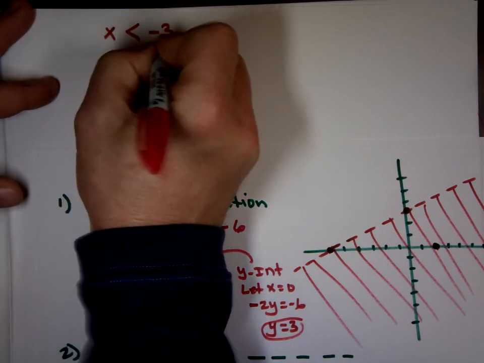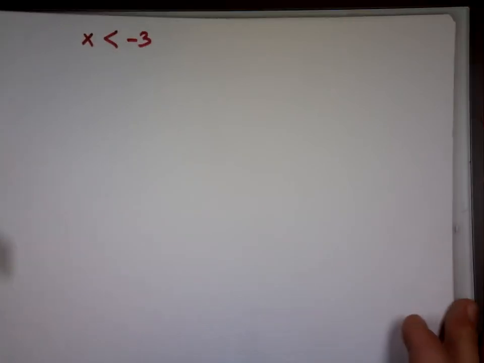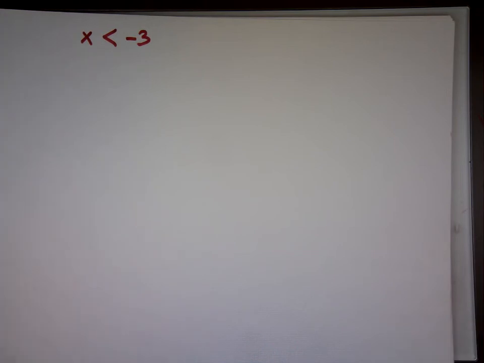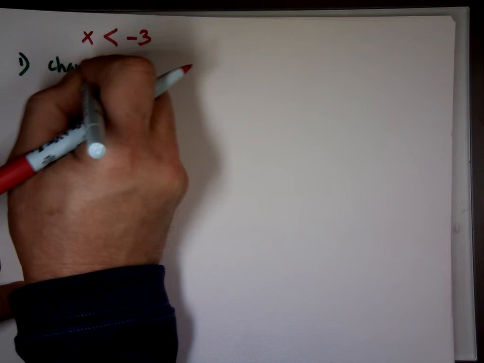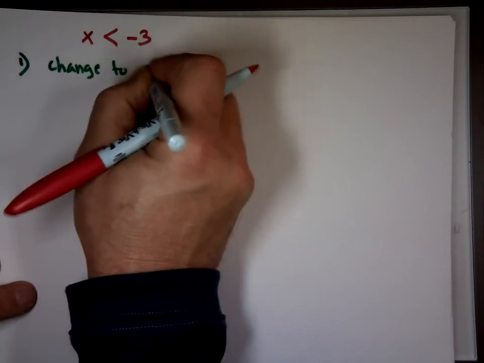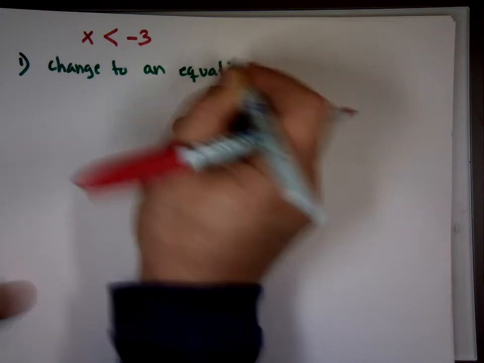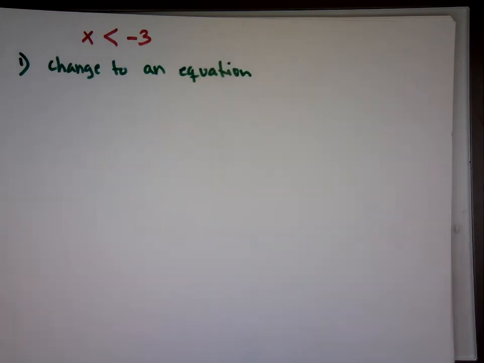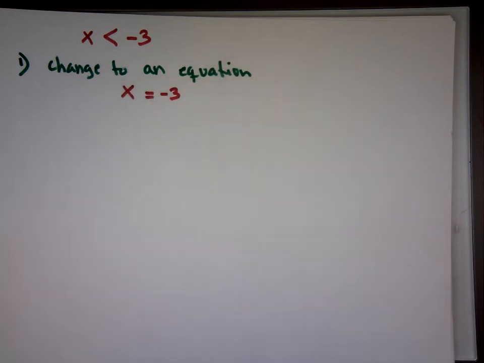This one, notice it doesn't even have y in it. X is less than negative 3. Change to an equation. And that becomes what? X equals negative 3. And the question is, how would I graph that?